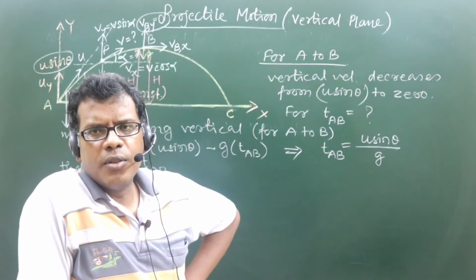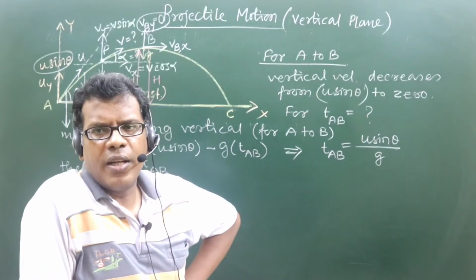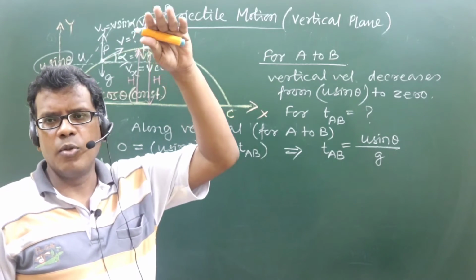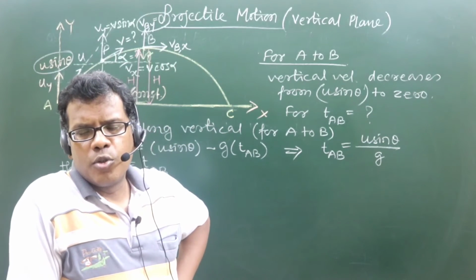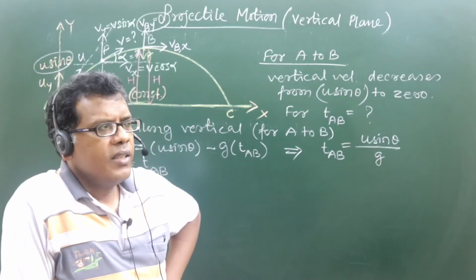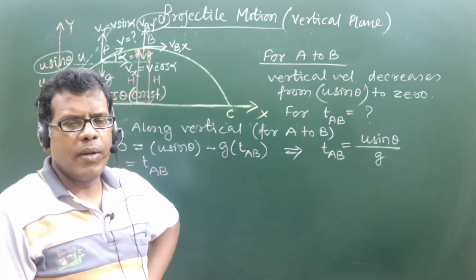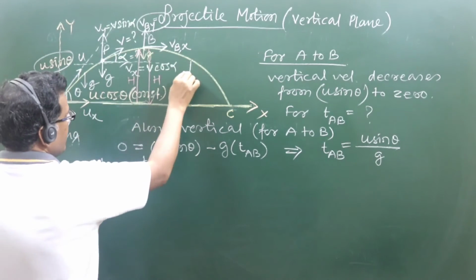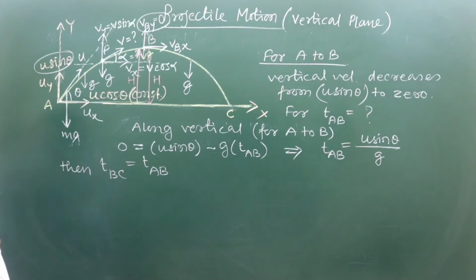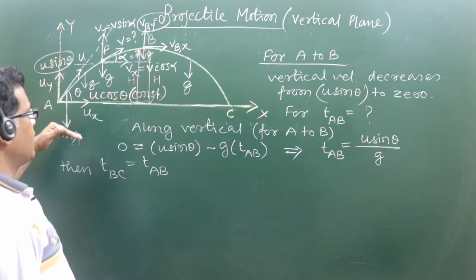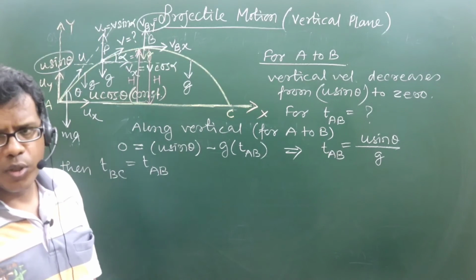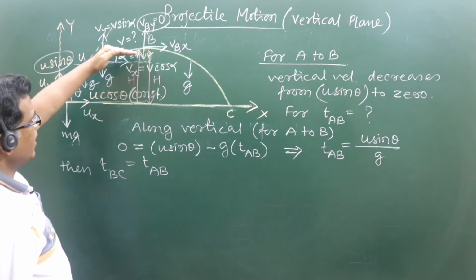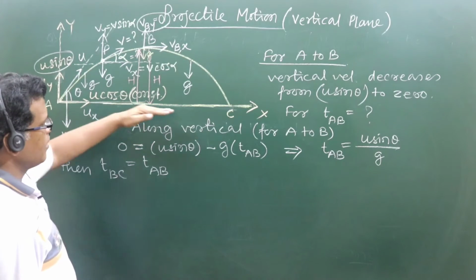So ascending time of flight will be equal to descending time of flight, subject to the condition that ascending vertical motion and descending vertical motion both go through the same separation, and g, that is the acceleration, remains the same, either in the ascending or descending part. G acts vertically downward during ascending, and g acts vertically downward during descending as well. So g does not change, whether the motion is upward or downward. In both cases the particle goes through equal displacement in the vertical plane, travelling vertical height h, and it falls through the same height to reach the point C.